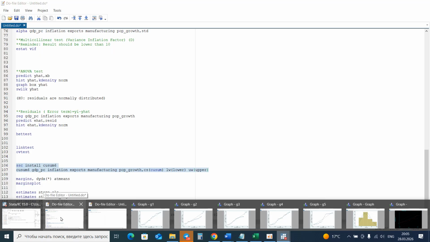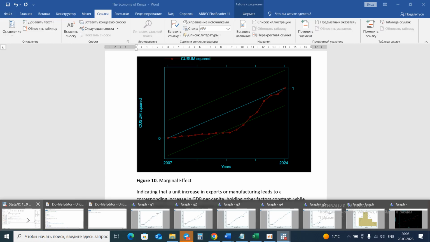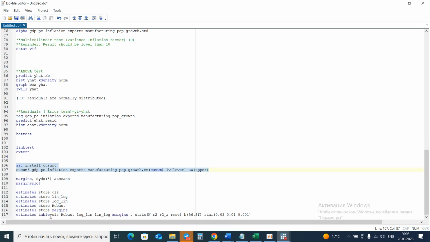And the next one is marginal effect, given in this command.